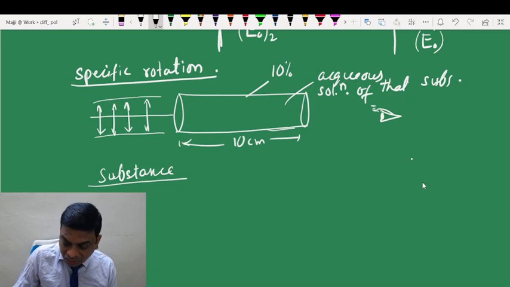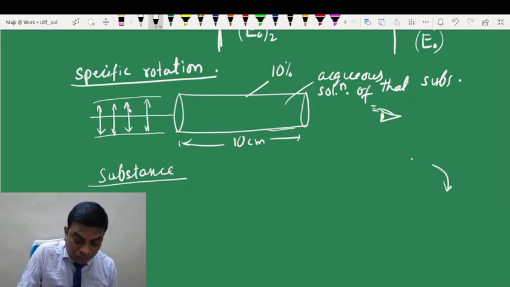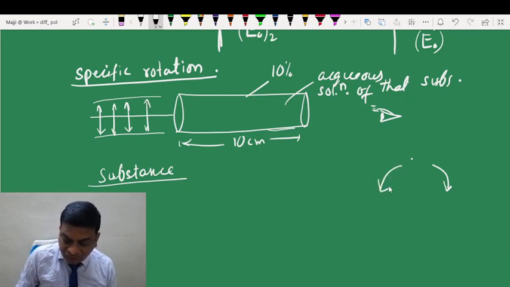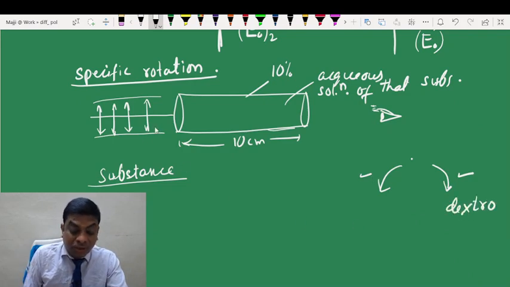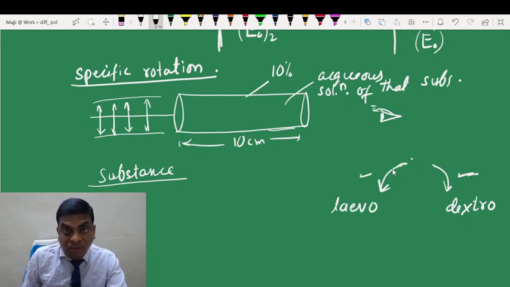Towards right means clockwise, and the other isomer would rotate the plane of vibration towards the left, that is anti-clockwise. So accordingly they are respectively named dextro and levo. Dextro isomers are those which rotate the plane of vibration to the right hand side, that is clockwise, and levo are those which rotate the plane of vibration to the left hand side.